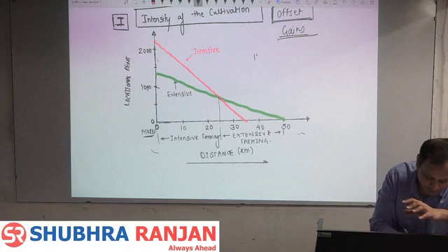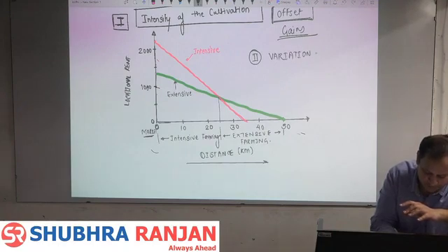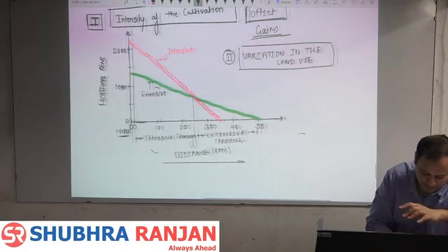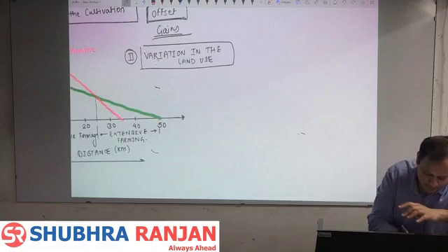Model 2 is regarding variation in the land use. Now what does this model will try to explain?